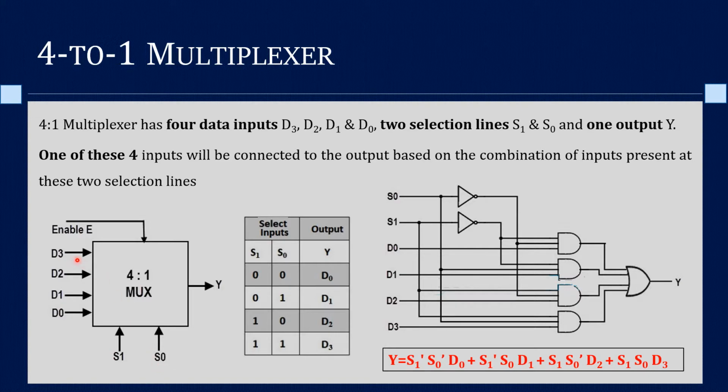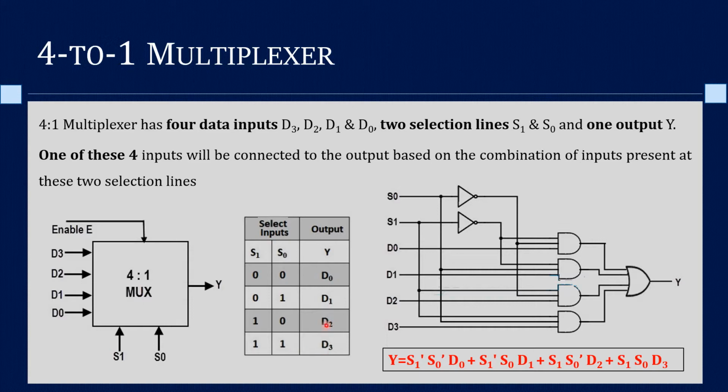One of these 4 inputs will be connected to Y based on the values present on the 2 selection lines. If S1 S0 is 0 0, then the input D0 will be connected to Y. If it is 0 1, D1 will be connected, 1 0 D2, and if it is 1 1, it is D3.